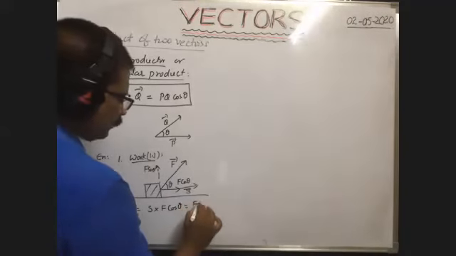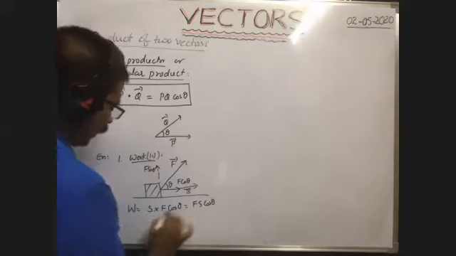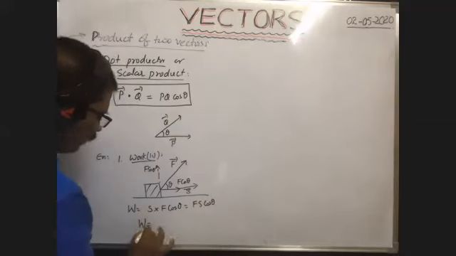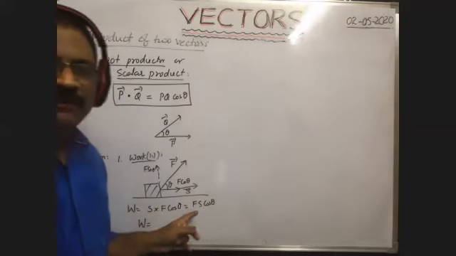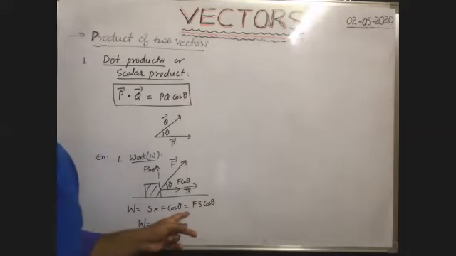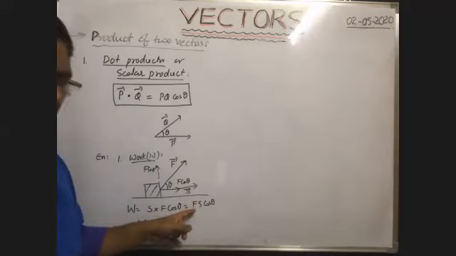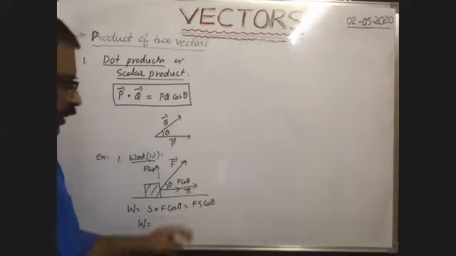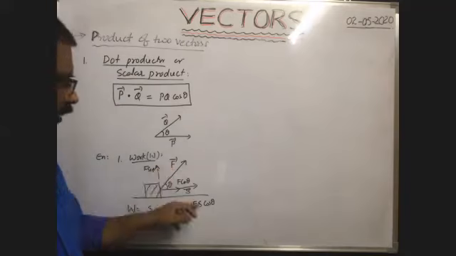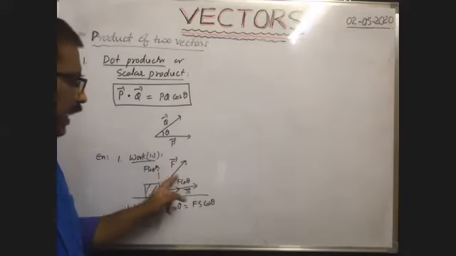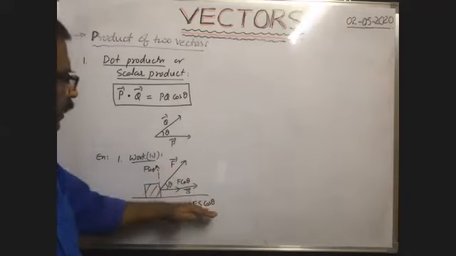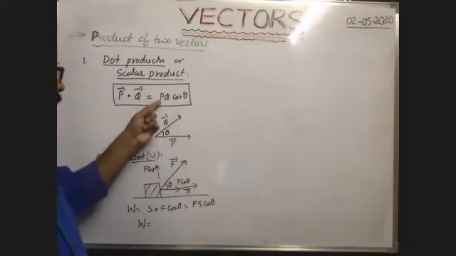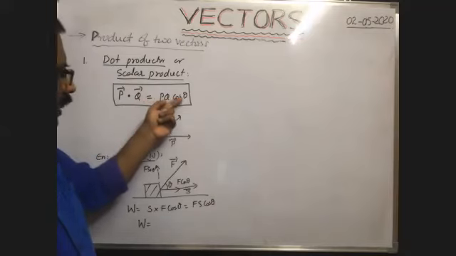In this formula, F is a vector, displacement is a vector, and theta is the angle between them.